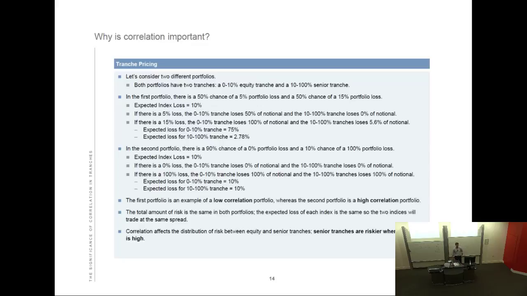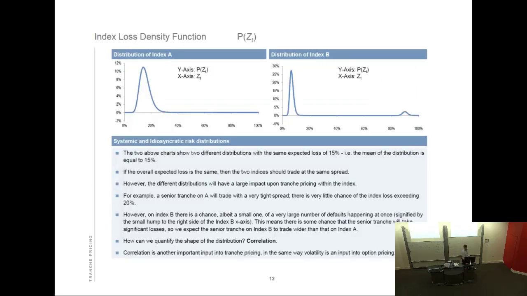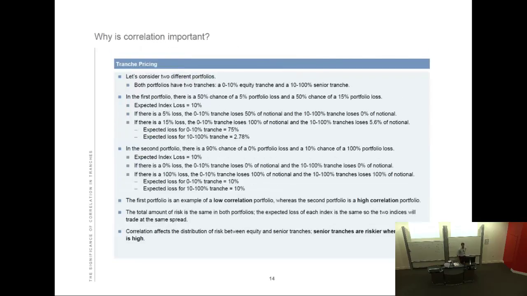Okay, let's put some numbers on an example just to drill home the point. So 2 portfolios and 2 tranches, a 0 to 10 and a 10 to 100. This is a numerical example of the situation we described visually. So think of 2 tranches, an equity and a super senior, 0 to 10 and 10 to 100.